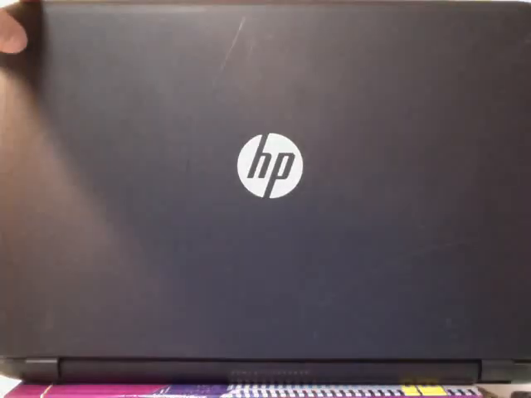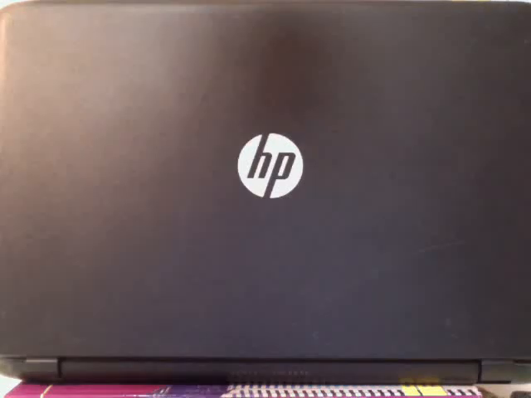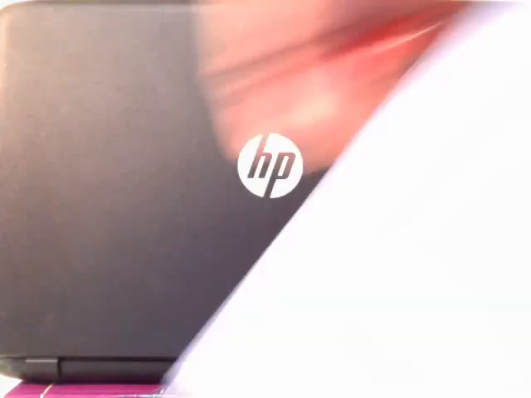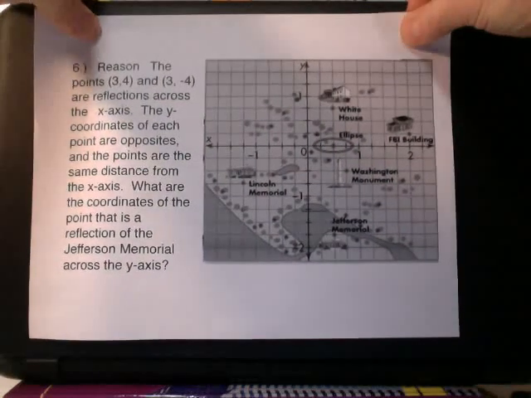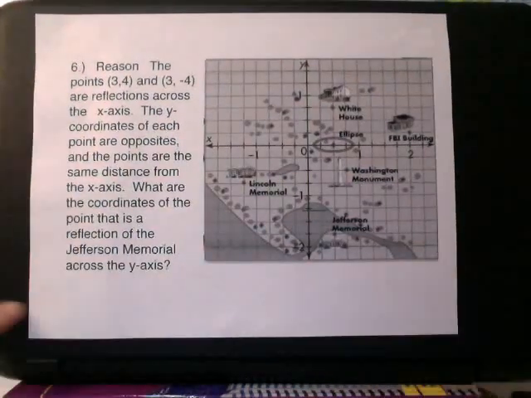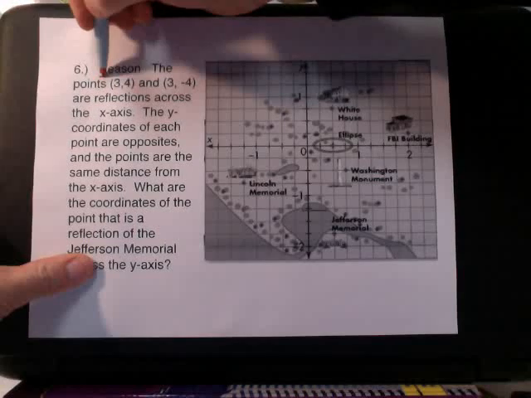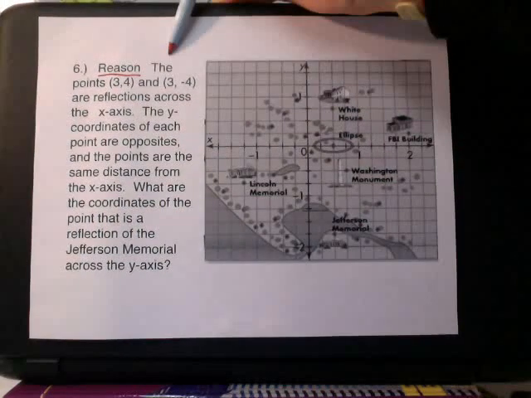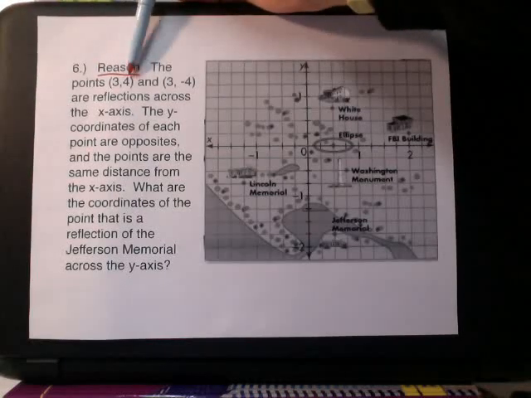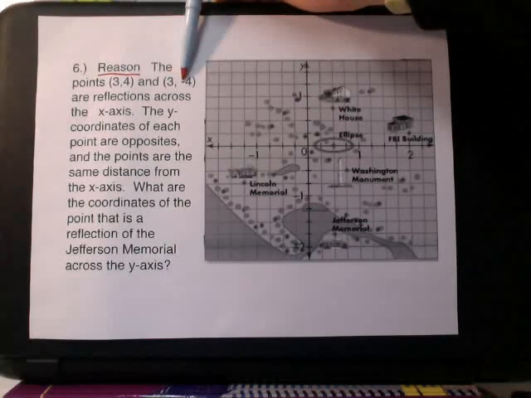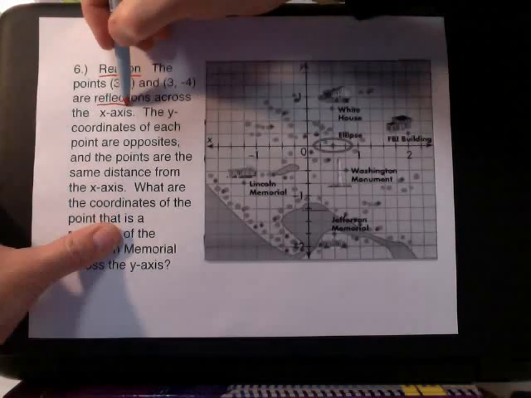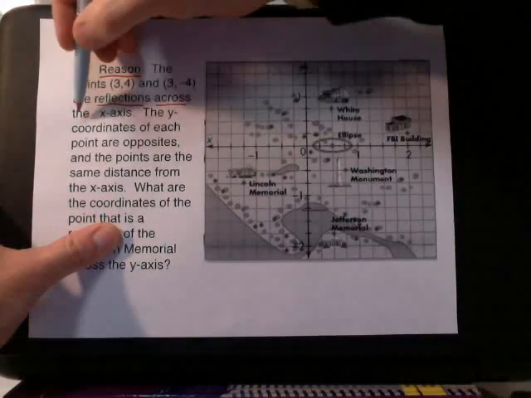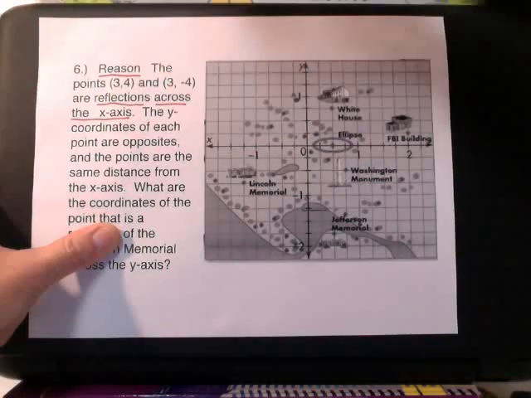Let's try number 6. Number 6 is a little bit more complicated. It's a reasoning problem and talks about reflections, so you're going to have to use some reasoning here. In this case, the points 3, 4 and 3, -4 are reflections across the x-axis.